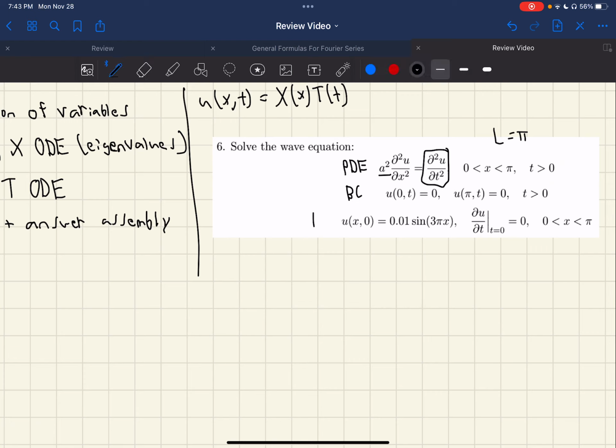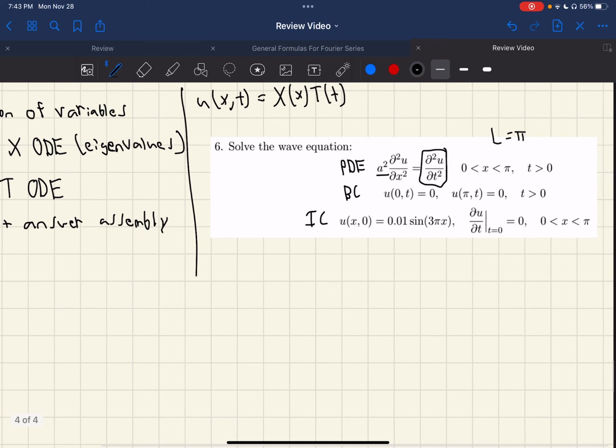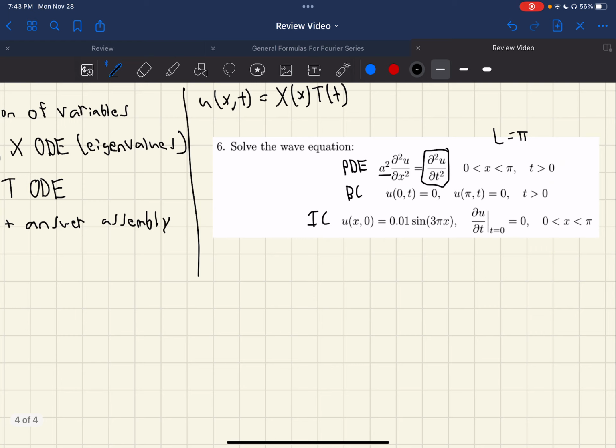And then we have our initial condition. Our initial conditions, we have two, unlike heat equation. So both of them are when t is 0. But our first one here, u of x, 0, represents our initial displacement function. And then this partial derivative with respect to t, it's just a fancy way of writing u_t of x, and then they give us t is 0.